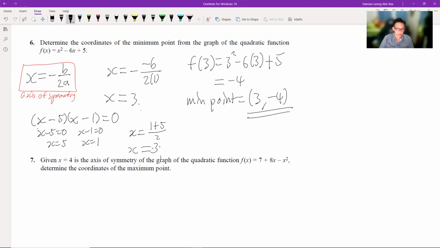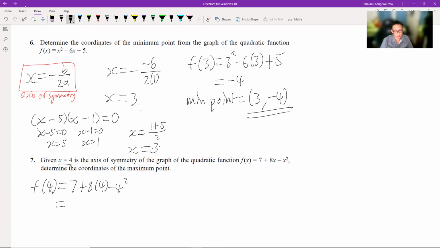Right? So why I say question 7 is the same but easier is because I'm given the axis of symmetry. So to find the maximum point, straight away I can substitute the x value of 4: 7 plus 8 times 4 minus 4 squared. Feel free to use a calculator for the whole calculation here.